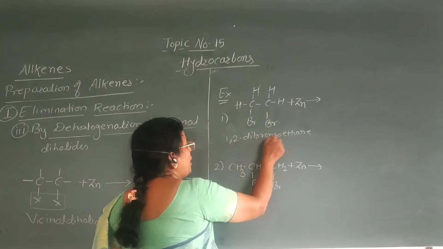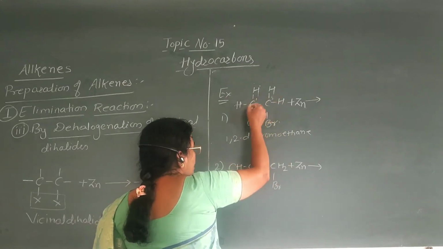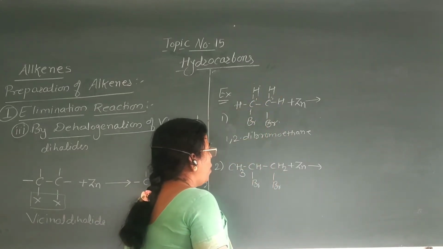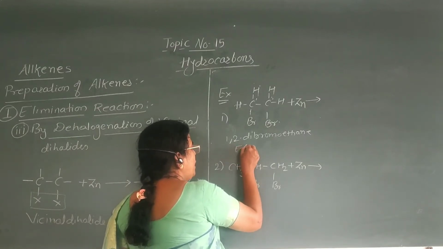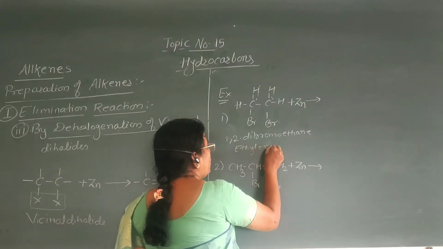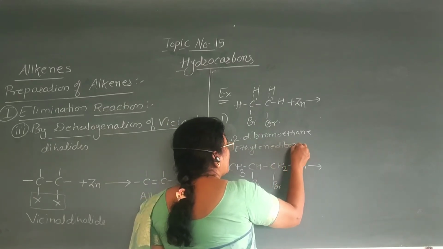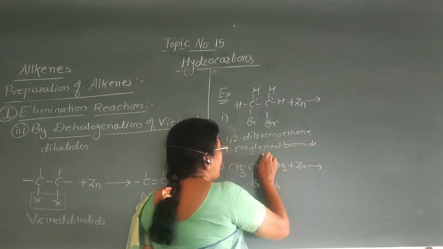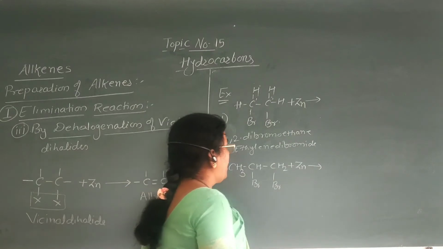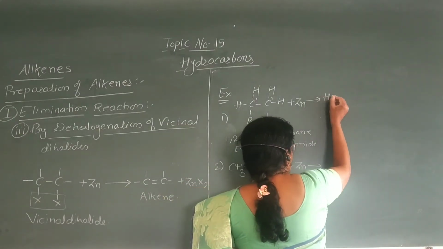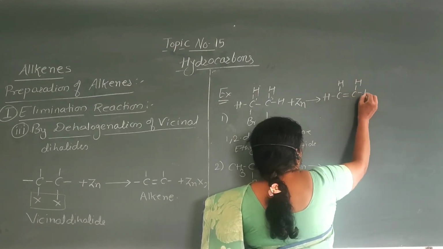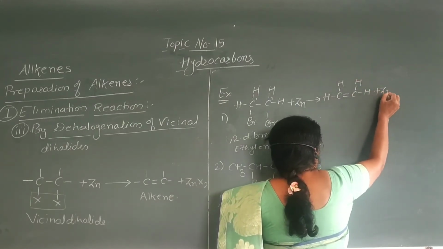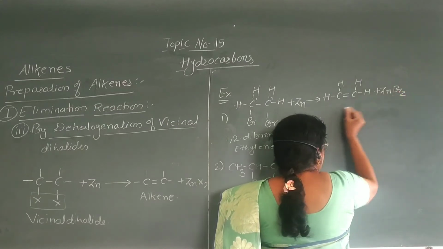It is 1,2-dibromoethane, or commonly named ethylene dibromide. When this ethylene dibromide is treated with zinc metal, you will get ethene, that is CH2 double bond CH2, plus ZnBr2. This is ethene.